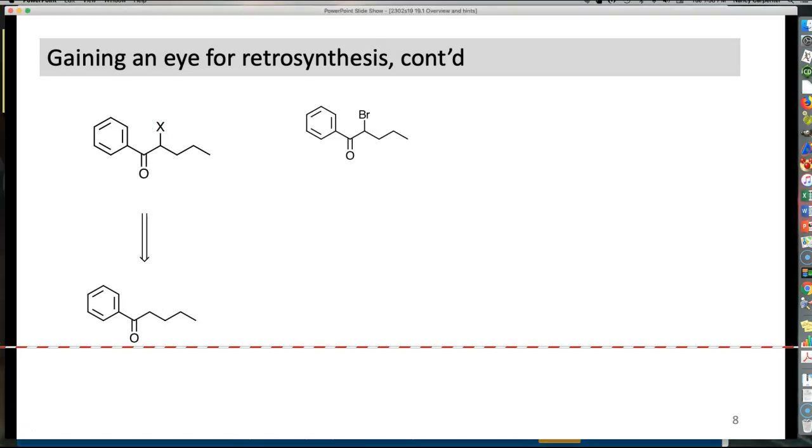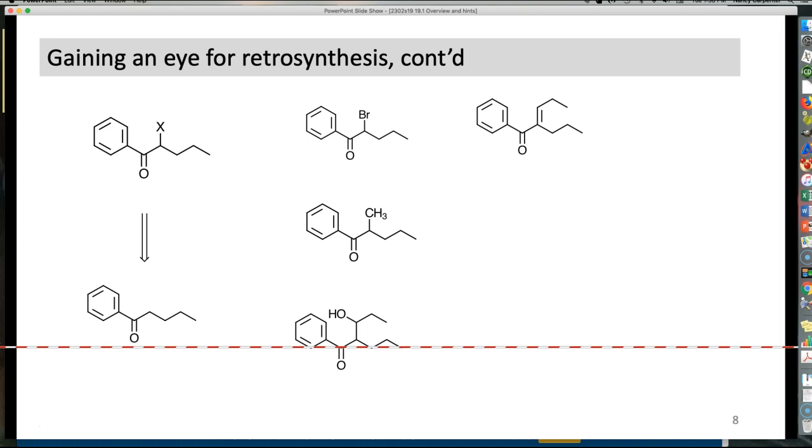And that works well. I can brominate the enolate. We know we can alkylate the enolate. We will learn that we can add enolates to other carbonyls. We can dehydrate them to get those kinds of molecules. We can add them to alpha-beta unsaturated carbonyls.